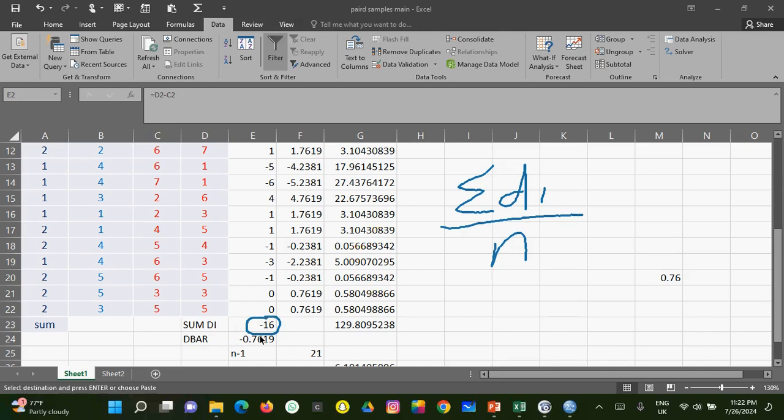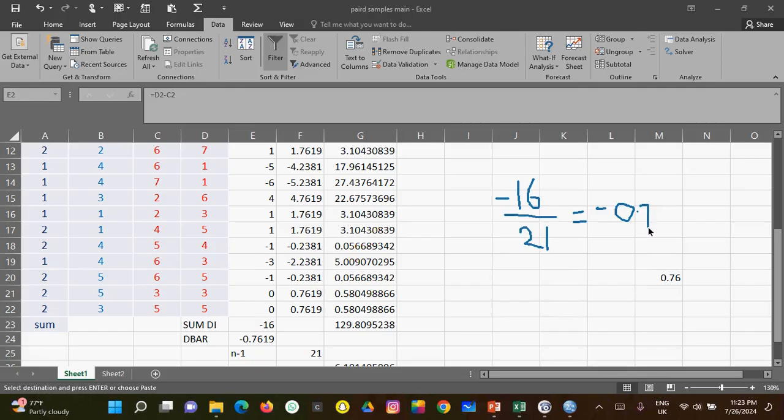Then our d bar is equal to -16 divided by 21, because the sample size is 21. So it is going to be -16 all over 21. That's what we did, and we had -0.7619.